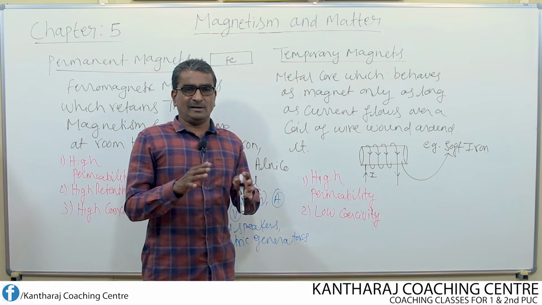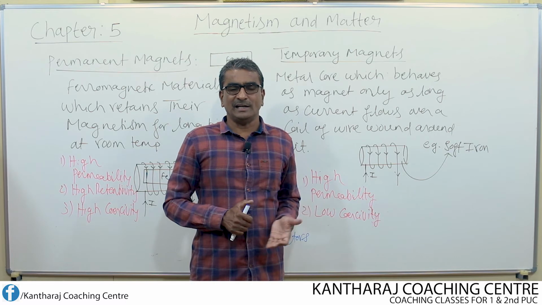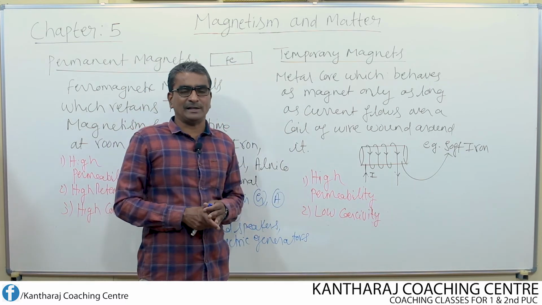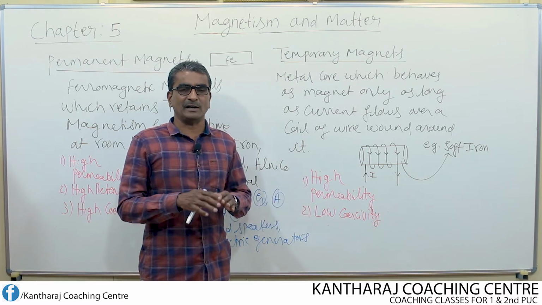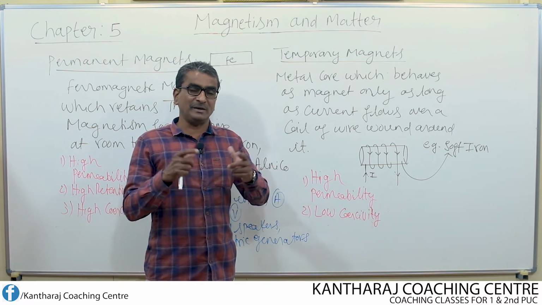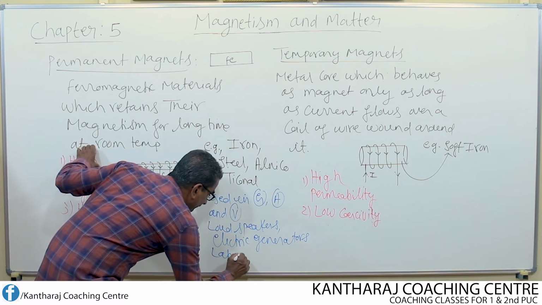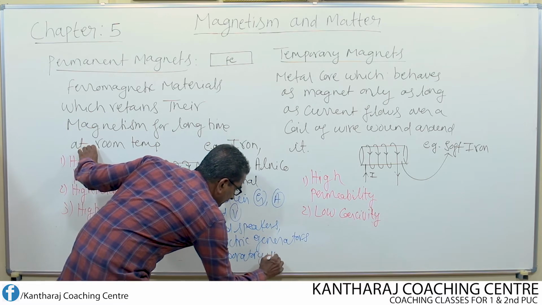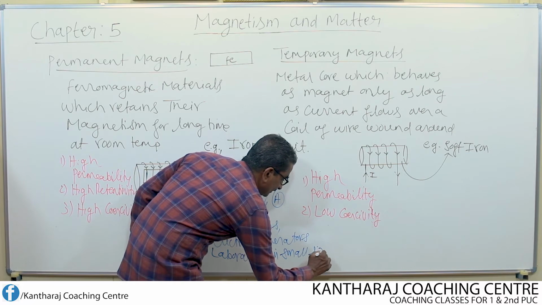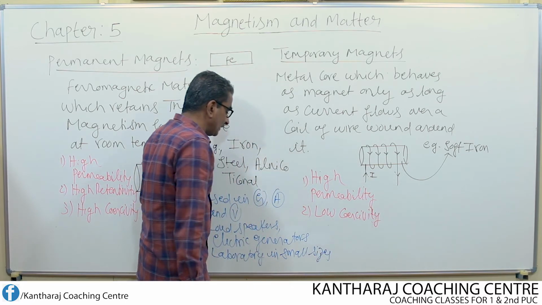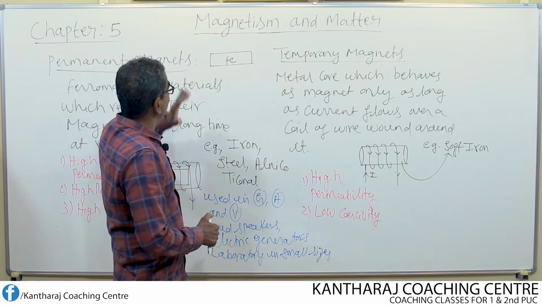In an ordinary laboratory, we make use of magnets of very small size, whereas in high-tech or very big laboratories, they may make use of permanent magnets of much larger size. So these are the uses of permanent magnets.